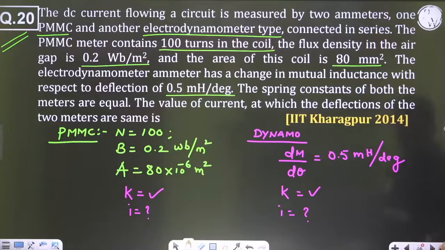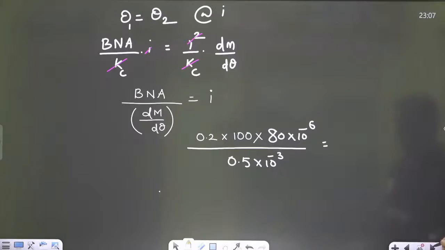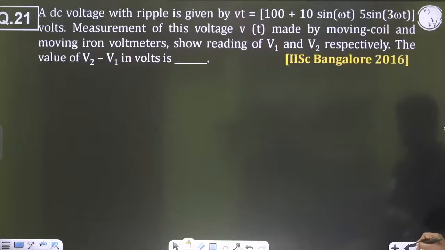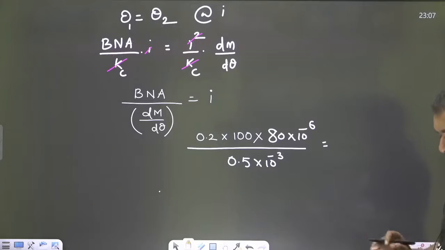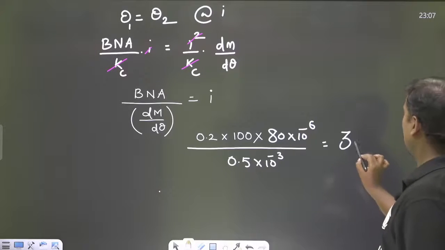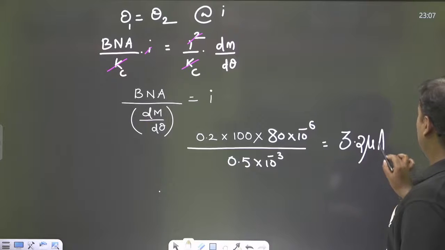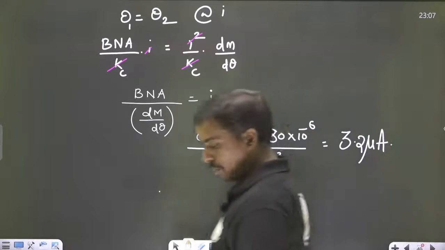Very good question. 0.2 into 100 into 80 divided by 0.5. That is 3.2 microampere? 0.2 microamperes, am I right?